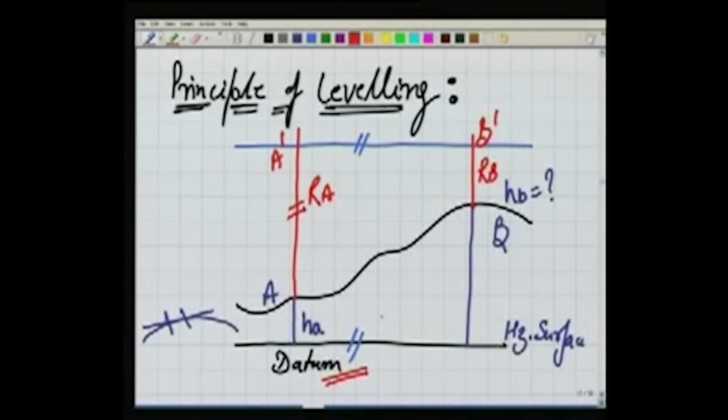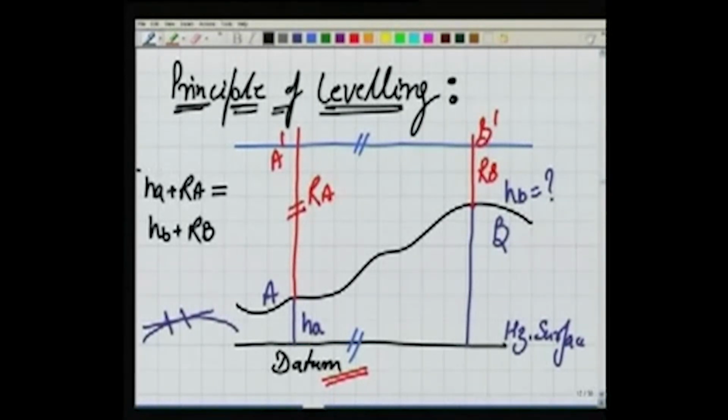Now from here we can write very well that HA plus RA should be equal to HB plus RB.